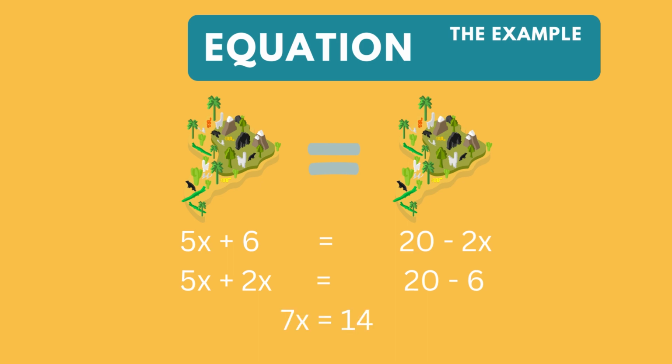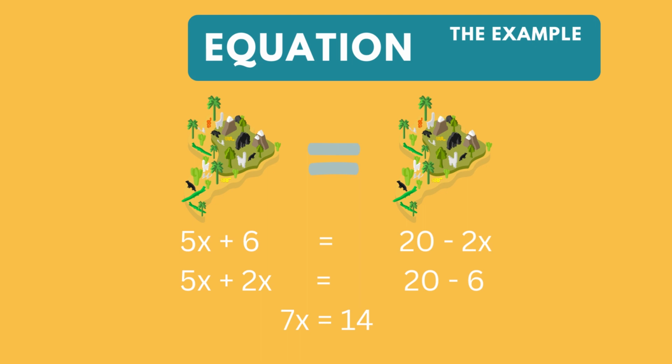After that, we simplify. 5x plus 2x becomes 7x, equal to 20 minus 6, which becomes 14. Now, when we want to solve an equation, it means we need to find the value of x, not 7 times x, right? So how to find the value of x? Well, we need to make the 7x become x. How?